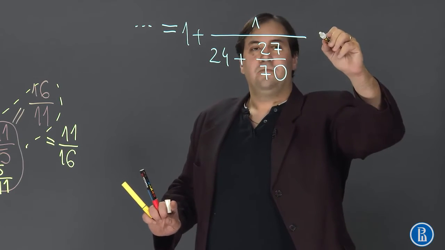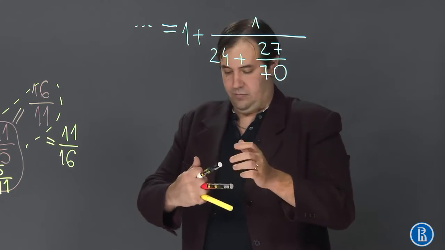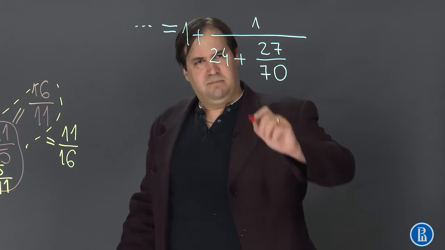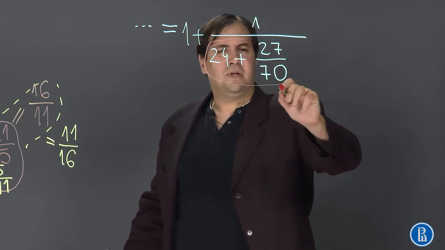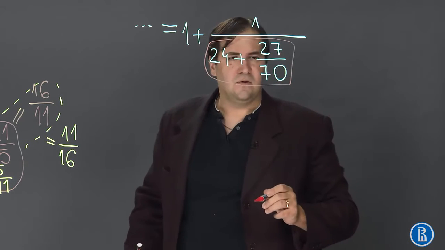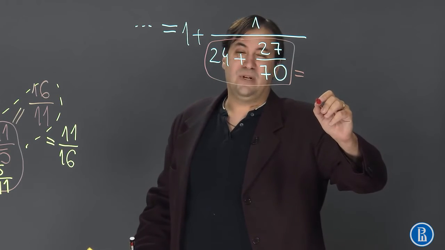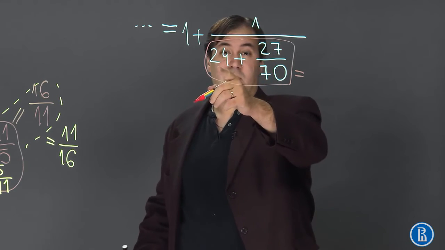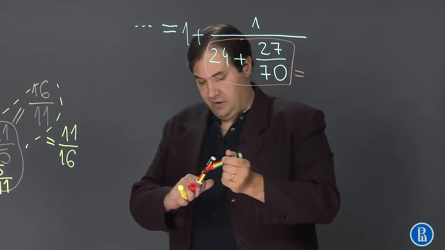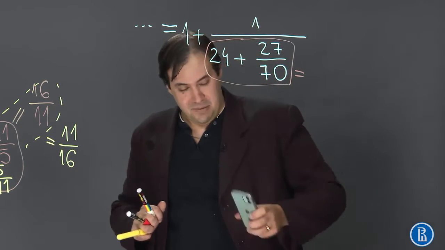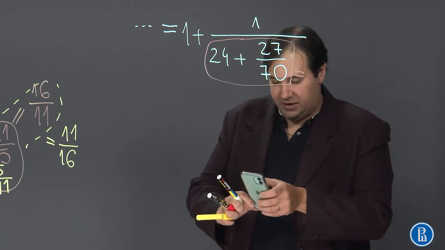So we continue. 24 plus 27 over 70. This is equal to, well, we need to multiply 24 by 70. And I'm afraid I will use my calculator at this point.